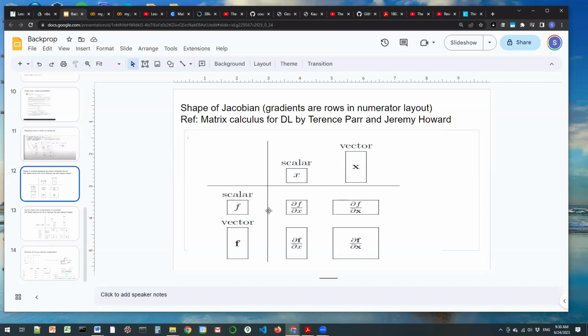But what is more important to understand is if we differentiate a scalar with respect to a scalar, or a vector with respect to a scalar, or we differentiate a scalar with respect to a vector, or a vector with respect to a vector, what are the resultant shapes? That is very important to understand. Why?